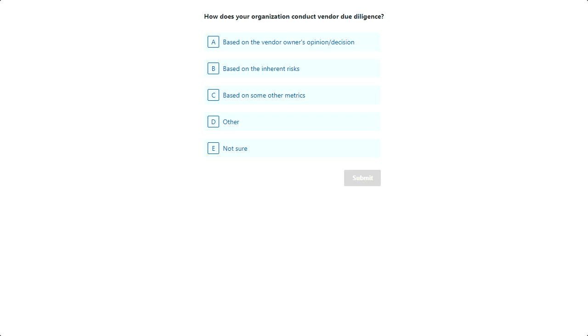But no matter how you do it, it's important that the appropriate subject matter expert actually review the appropriate documentation associated with that particular risk domain, like financial risk, cyber risk, et cetera, so that you do get a thorough evaluation of that vendor's risk.